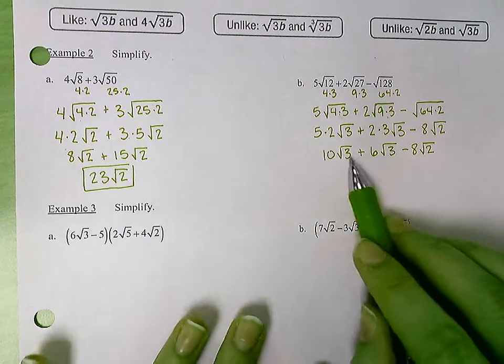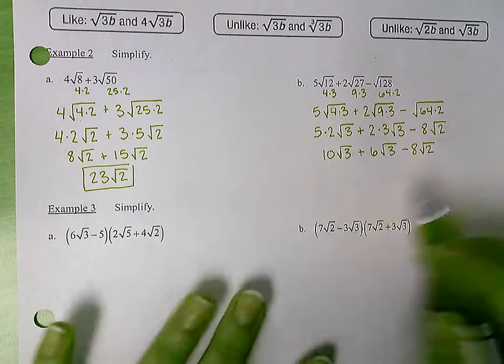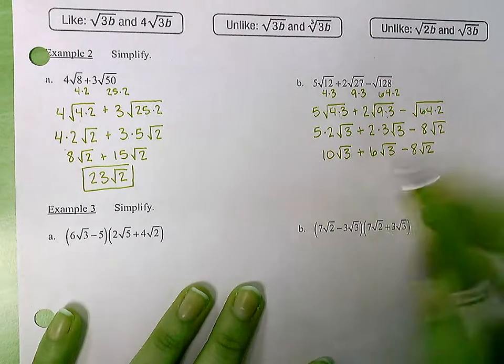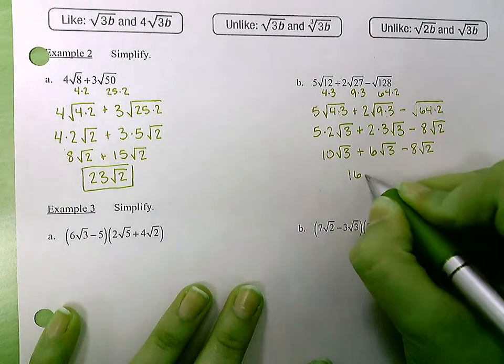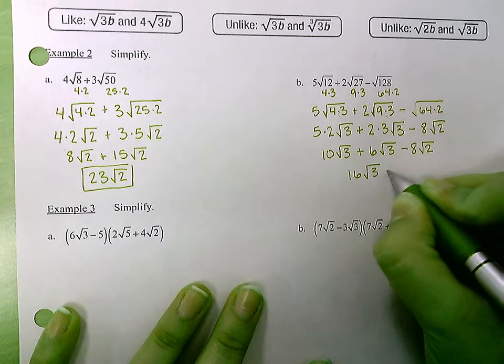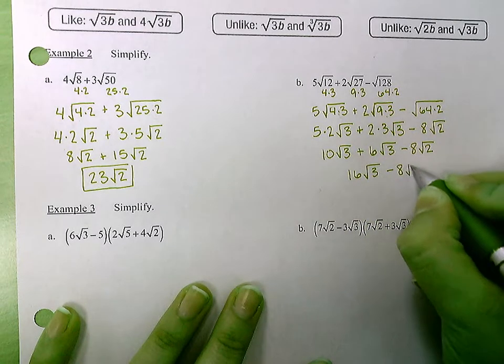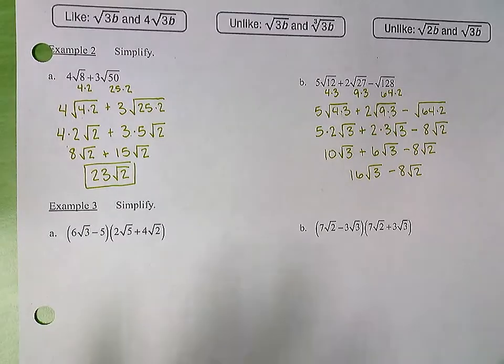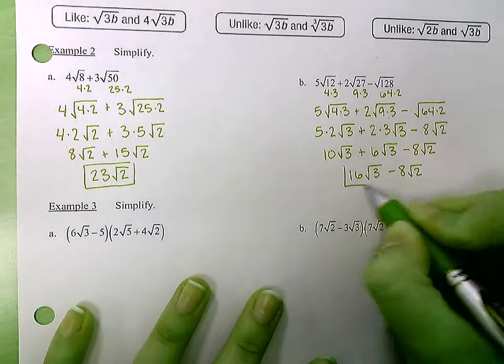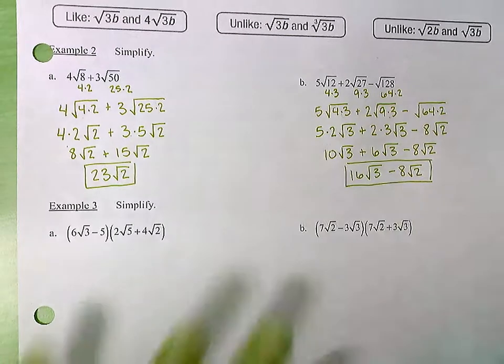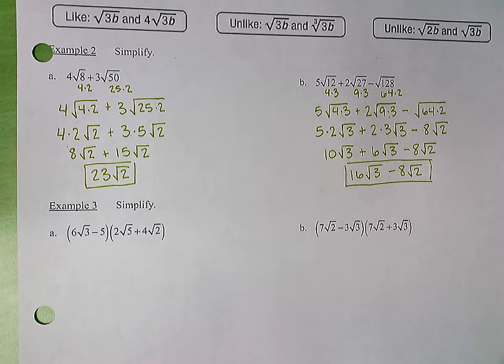Yes. Both of them are square root of 3, so I can add together 10 and 6 to get 16 square roots of 3. And then I'm going to leave that minus 8 times the square root of 2. Okay? And that would be your simplified answer, because you can't combine those.